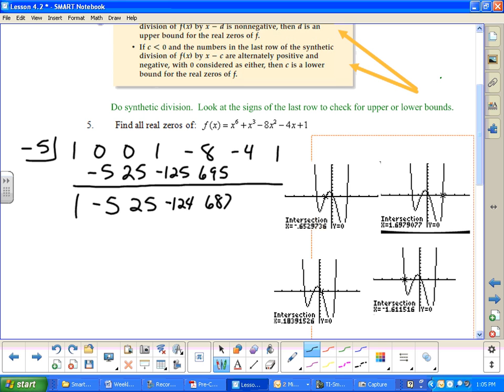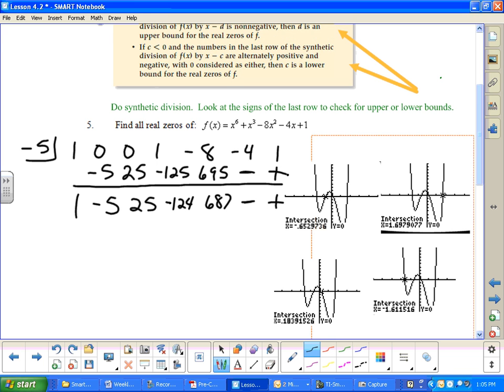Negative 5 times approximately 700 is going to be a pretty large negative number, right? So these two together are going to be negative. And a negative times a negative is a positive, so this is going to end up being a positive number. So I have positive, negative, positive, negative, positive, negative, positive. They alternate from positive to negative.